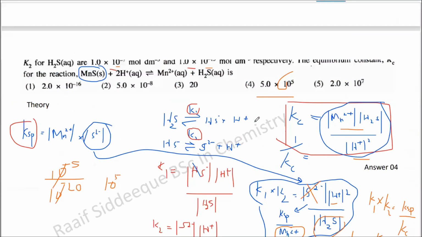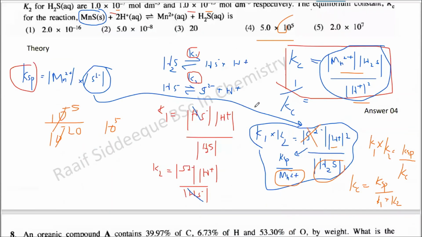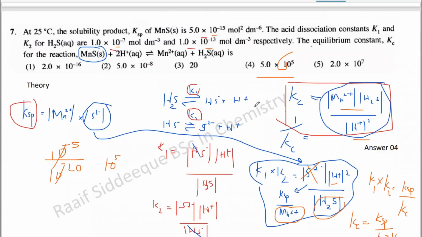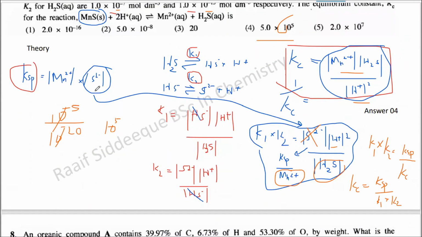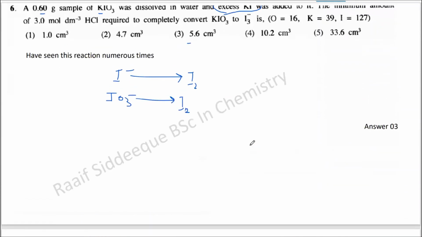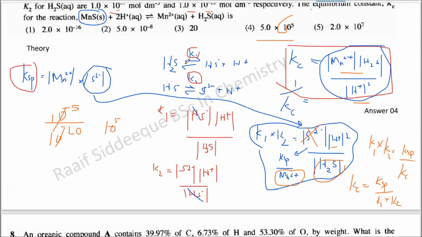Earlier, we discussed this one where we had KSP and all those things, and we do the sum and everything here. I hope you saw this one, right? Because there is KSP, there is this equilibrium we write, then we have the final equation here, and we will write K1 and K2 as this, and when we do the calculation, you will have this nice calculation.